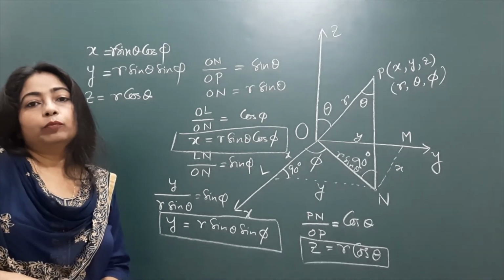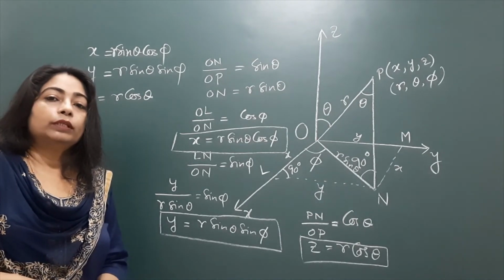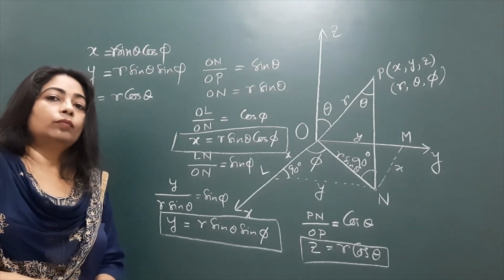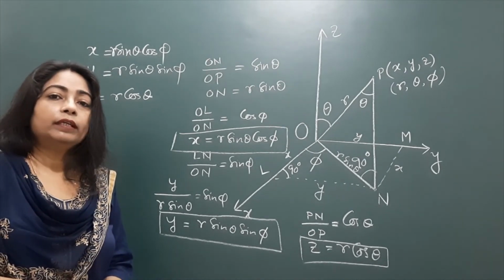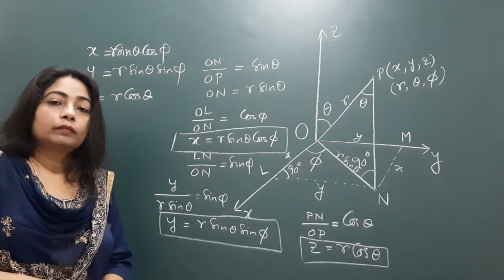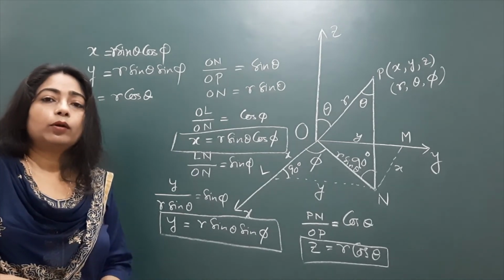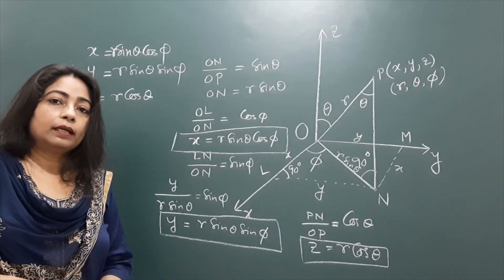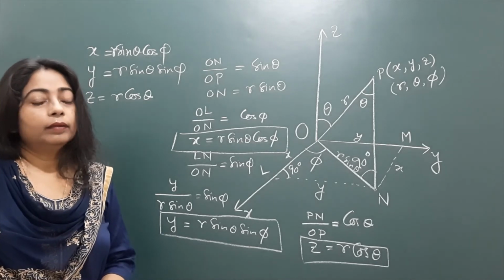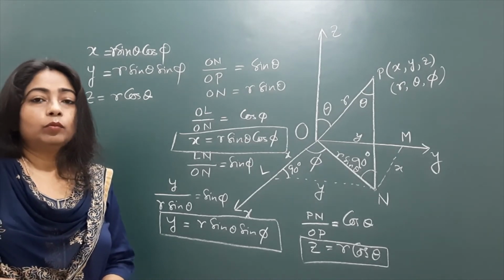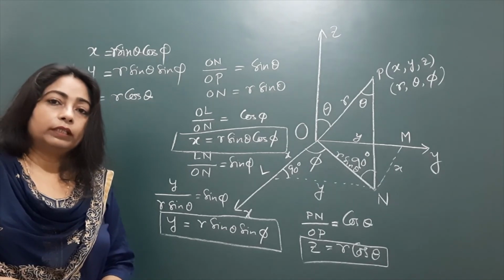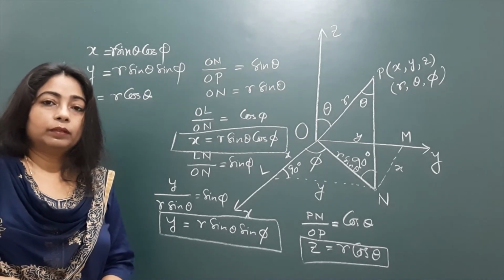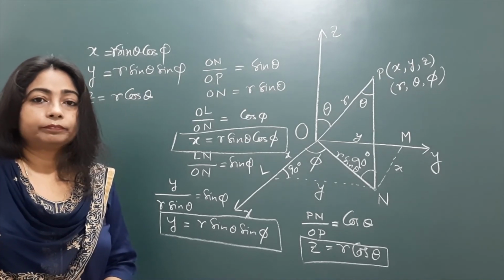To find the motion of that particle, we can use this spherical polar coordinate system. The solution of that problem will be easier. Here I am not talking about non-Euclidean space. Obviously, cylindrical coordinate system and spherical polar coordinate system, both of them are applicable on Euclidean space.